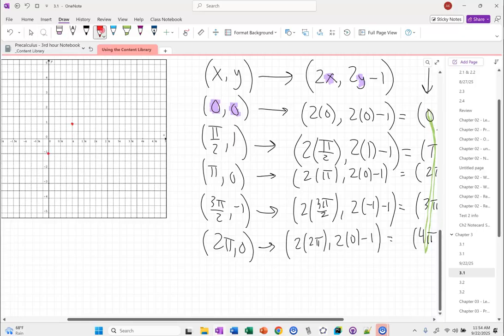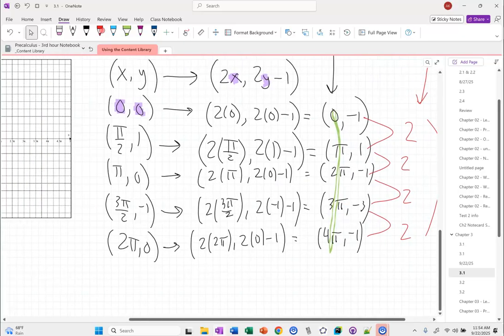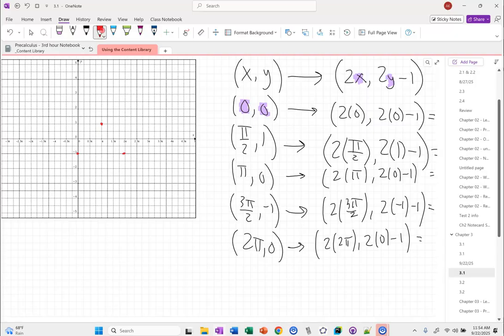And then 2 pi was... no, it was back down to -1. You've got to remember what you wrote down. And then 3 pi was -3, which is right there. And then we're back at 4 pi, -1.